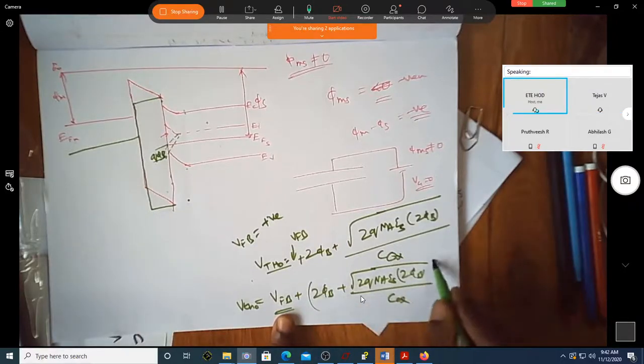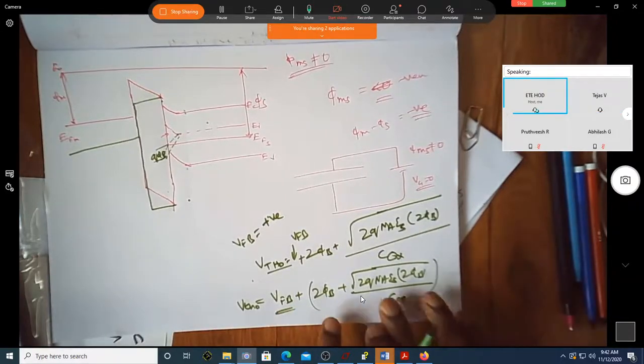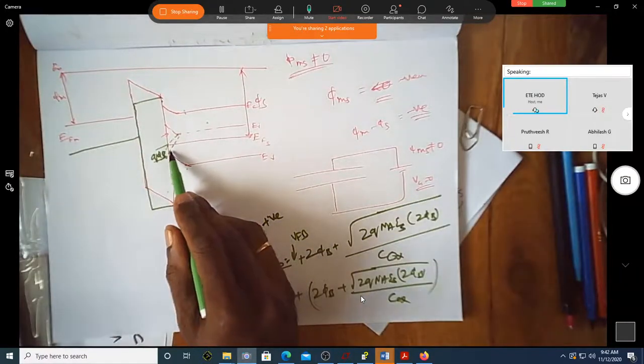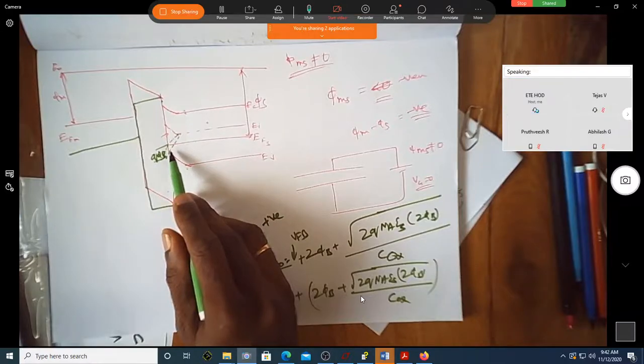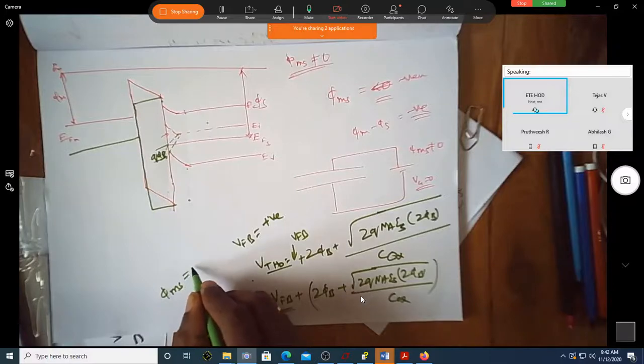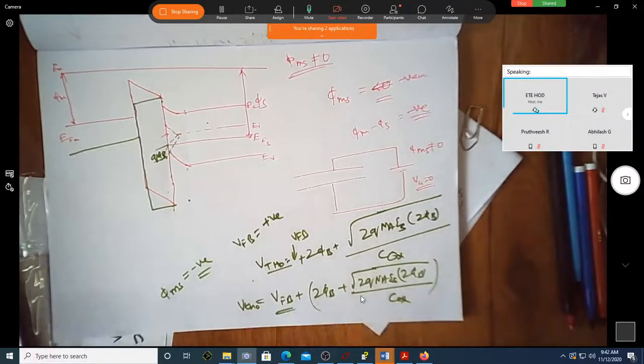And what is this now? This is the required voltage to make the band bend; it should bend till here, correct? So do you prefer phi ms as negative to have a lesser threshold voltage? No, sir. Phi ms should be positive.